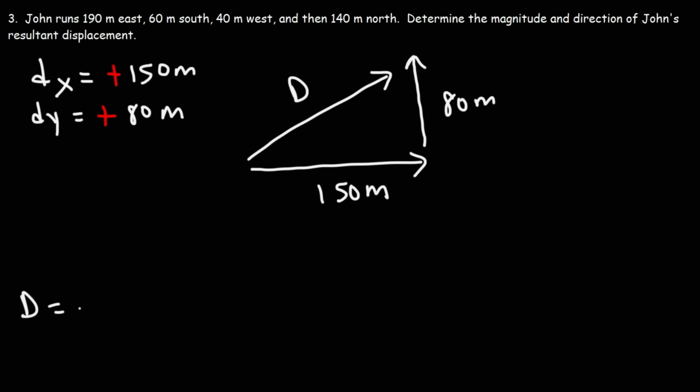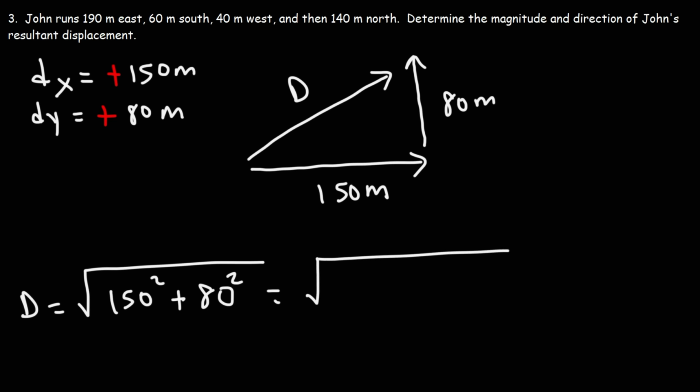And so d is going to be the square root of dx squared, which is 150 squared, plus dy squared. So this is going to be the 8, 15, 17 triangle. Thus our answer should be 170. But we'll do the math anyway. 150 squared is 22,500. 80 squared is 6,400.